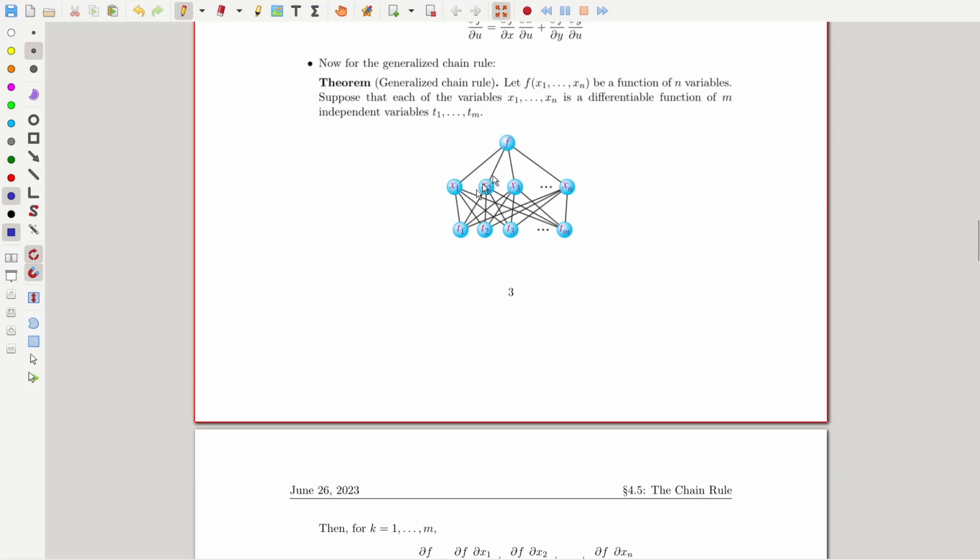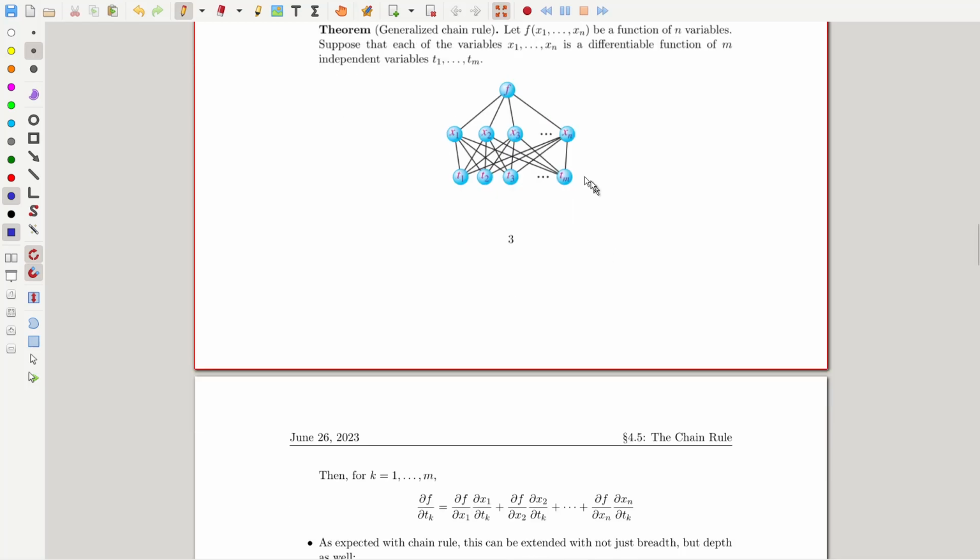So notice that you have f, a function of n variables, x1 through xn, and each of these x1 through xn are functions of variables t1 through tm. Then you can take the derivative of f with respect to t1 through tm. There are those partial derivatives.